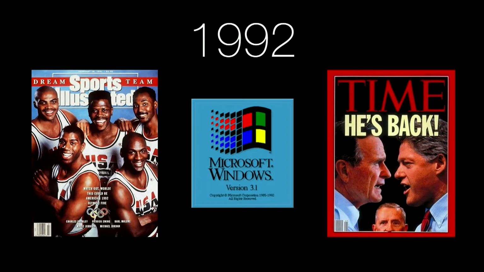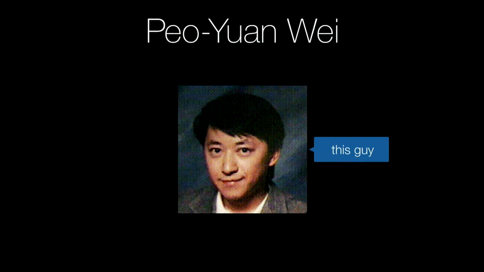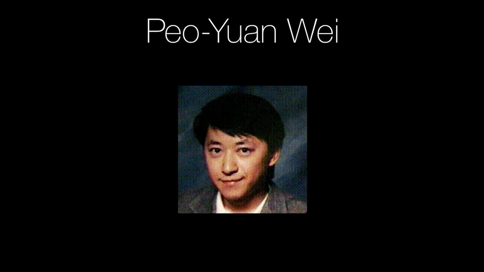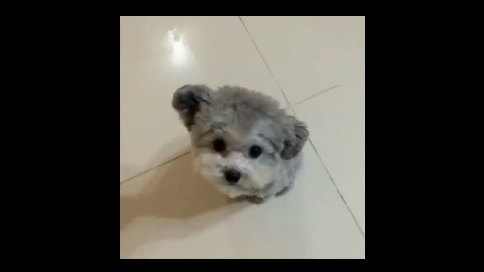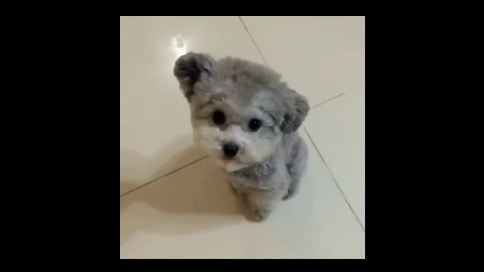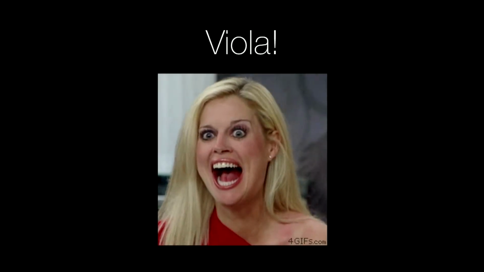So in 1992, when I suddenly had long blonde hair, this guy told Tim he was thinking of writing a web browser for the X Windows system, which would allow it to run on a lot more Unix machines. And Tim was like, good idea. So this guy made a new browser called Viola, which you've never heard of.